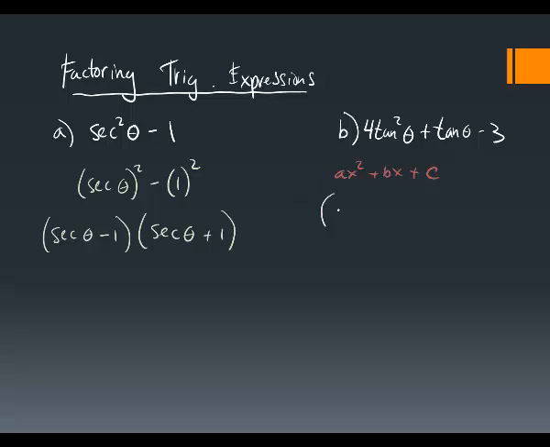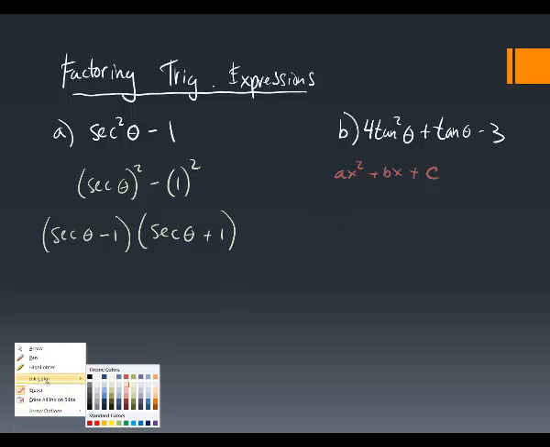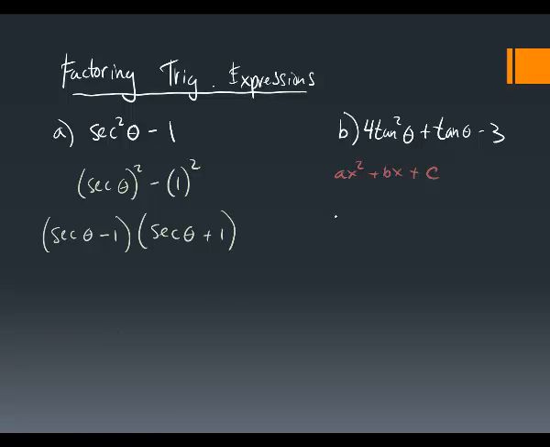So let's go ahead and rewrite this as 4 tangent theta squared plus tan theta plus negative 3.